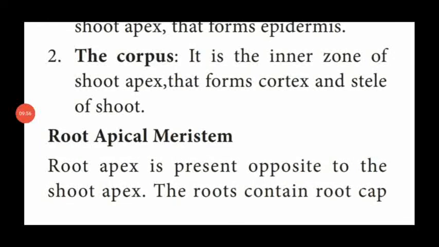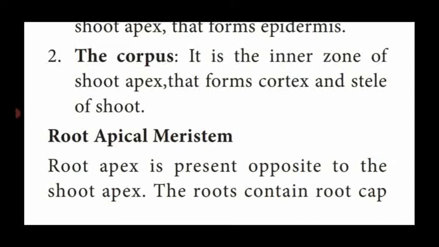Next we are going to see the root apical meristem. So the root apex is present opposite to the shoot apex. The shoot apex is at the top, which means the root apex is at the bottom or base. So that's why it is given that the root apex is present opposite to the shoot apex.